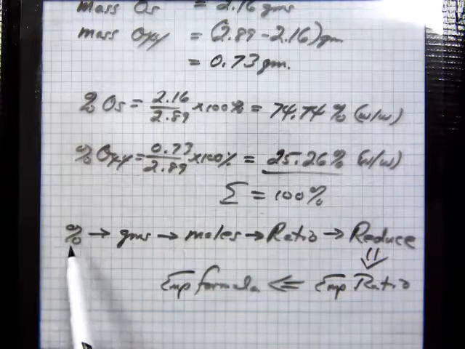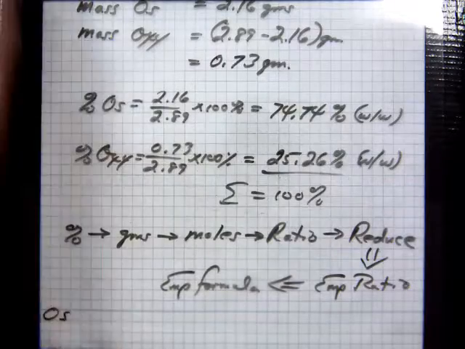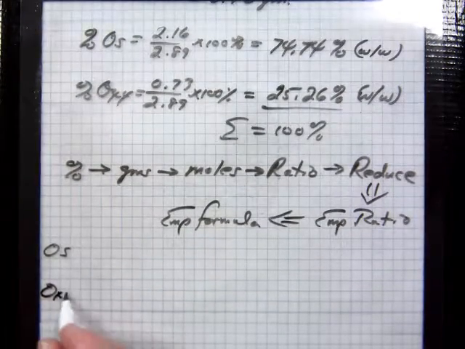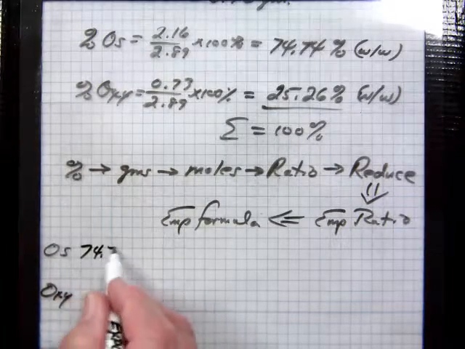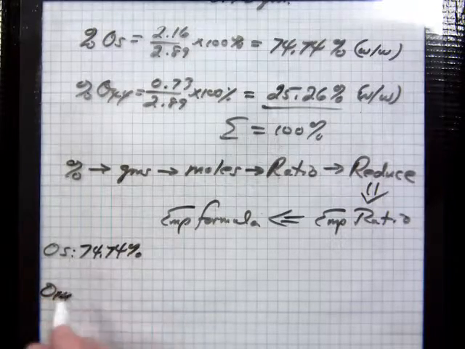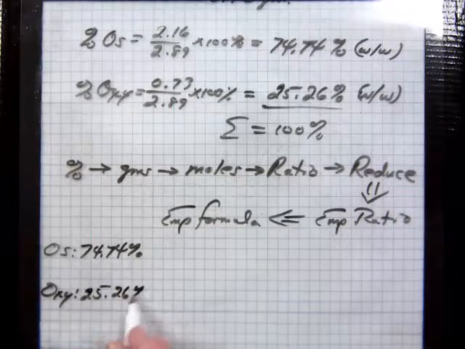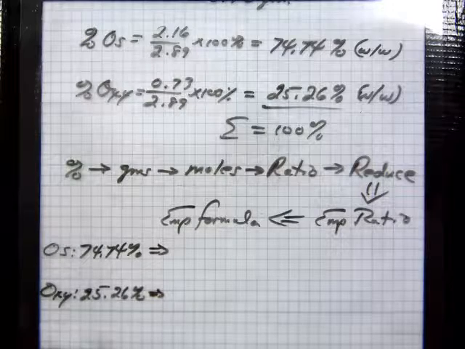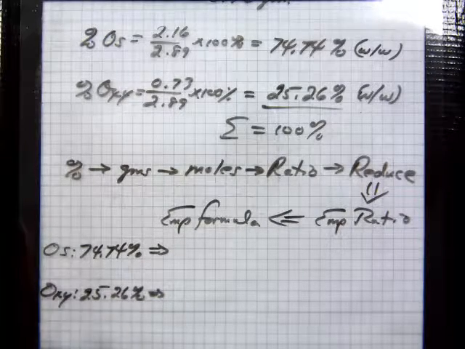So what you start out with, osmium and oxygen, is 74.74% by weight, 25.26% by weight, and in grams, you just drop the percentage and put a G on it, because the sum will give you 100 grams.